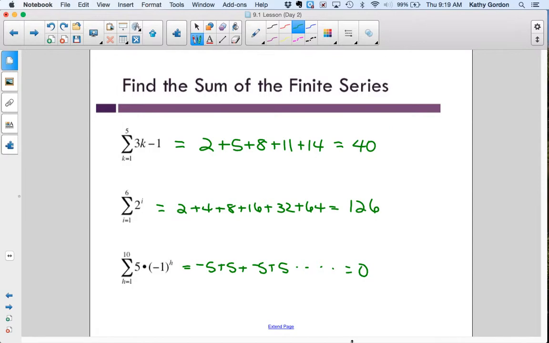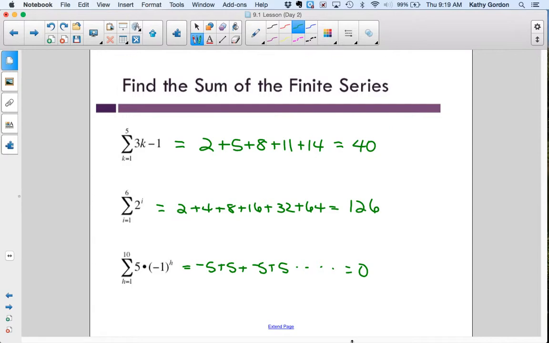But what if this had asked you to go 7 times? You would get negative 5, because every 2 would cancel, but then you'd have an extra negative 5 left that didn't get canceled with some other 5. So you'd have to make sure you understood: it's even, every 2 cancel out, I get 0.